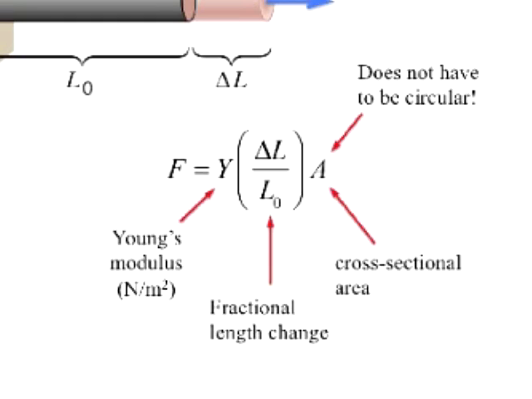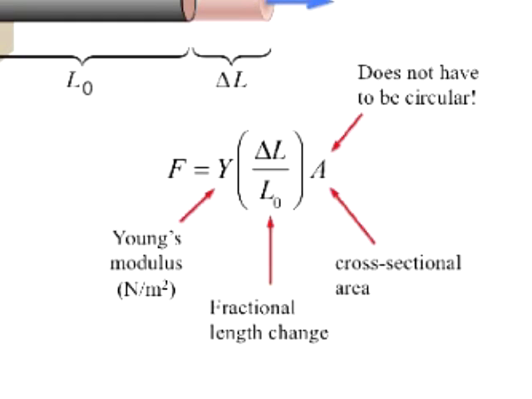The term Y is a proportionality constant called Young's modulus, after Thomas Young, who lived from 1773 to 1829. Young's modulus has units of force per unit area, or newtons per meter squared. It should be noted that the magnitude of the force in this equation is proportional to the fractional increase, or decrease, in length, ΔL/L0, rather than the absolute change in length, ΔL.